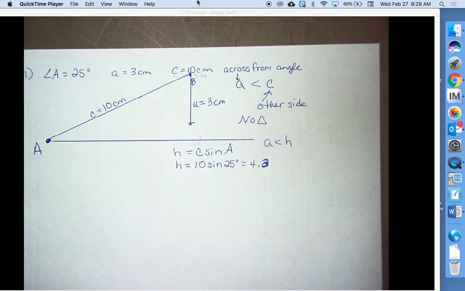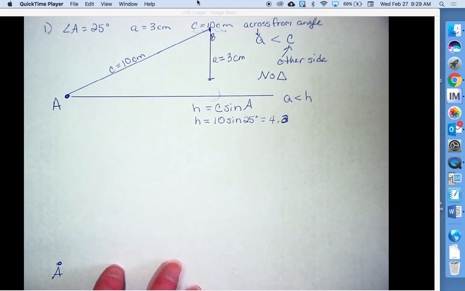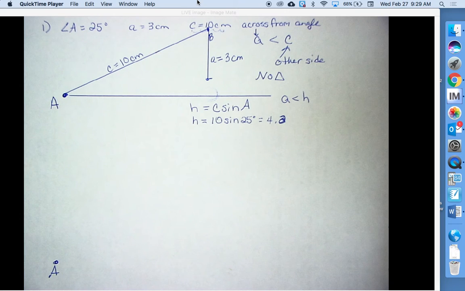So if you look at number 2, your goal is to go through that same information. Start with a point, so start with A on the left side of your page, draw a baseline, and then from that baseline and point for angle A, you're going to use the next angle value and the measurements that you're given. And see how many you can work through.